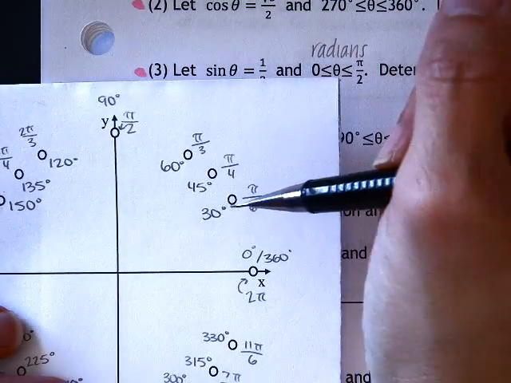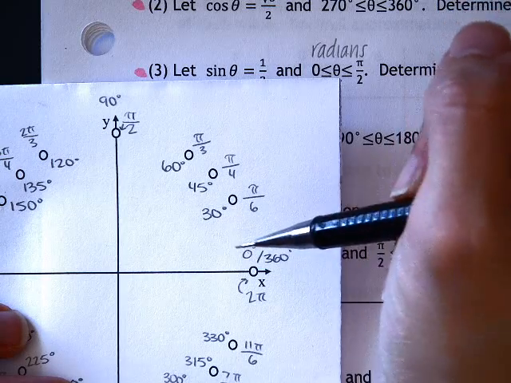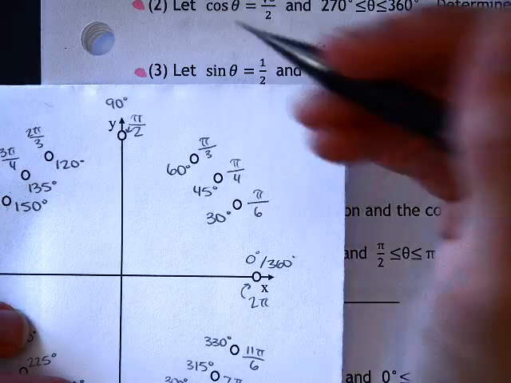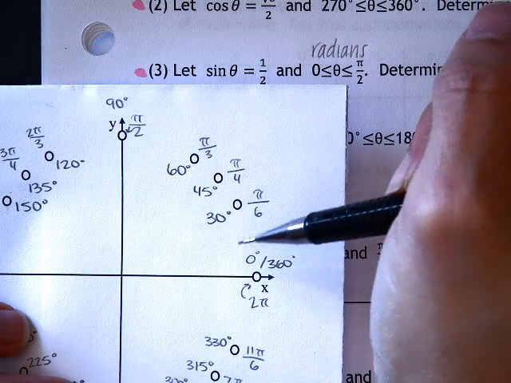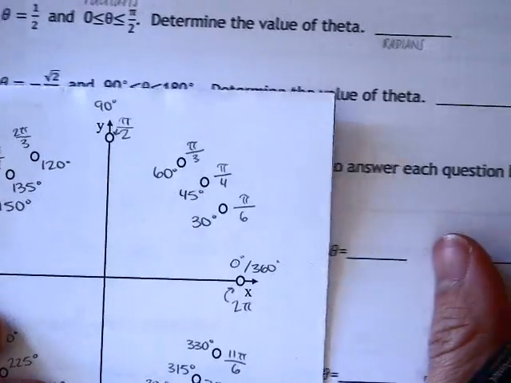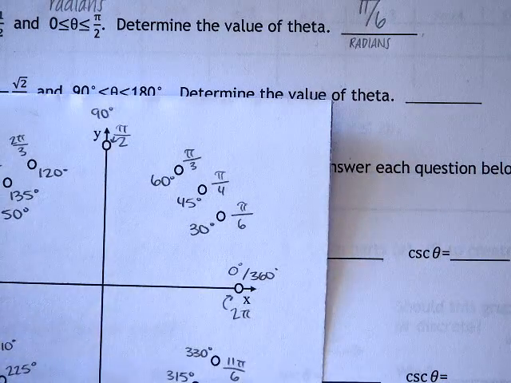So I'm only going to focus on the possibility in the first quadrant. Unlike the first question that we did together, this means that there's only one answer to this question. The only possible radian measure where the height is 1/2 is pi over 6. So in that case, I'm only going to write that single answer.